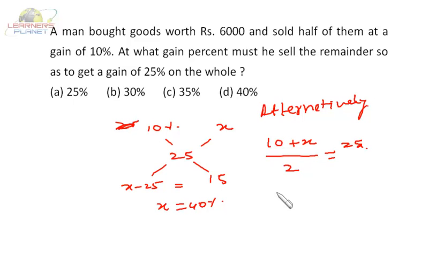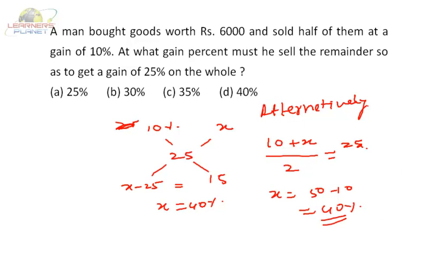So X is equal to 50 minus 10, it is 40. So it's very simple. You can choose any of the methods. Just revise it over here. Since both the parts are equal, one part is at 10%, one part is at X%. Overall, there are two parts. So we are getting average profit, which is 25% as given. So X will be 40%.